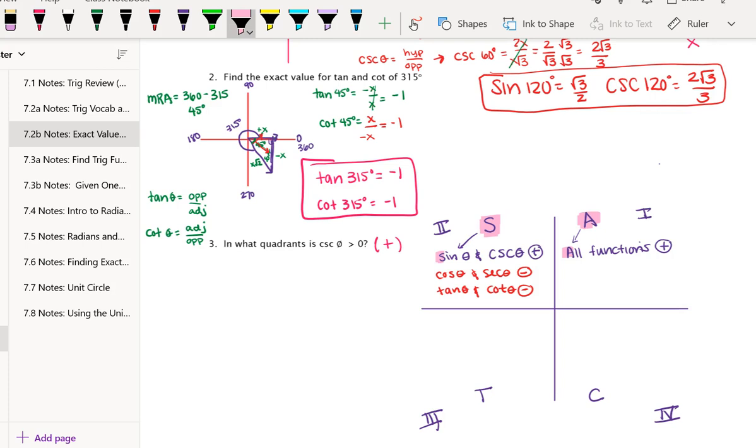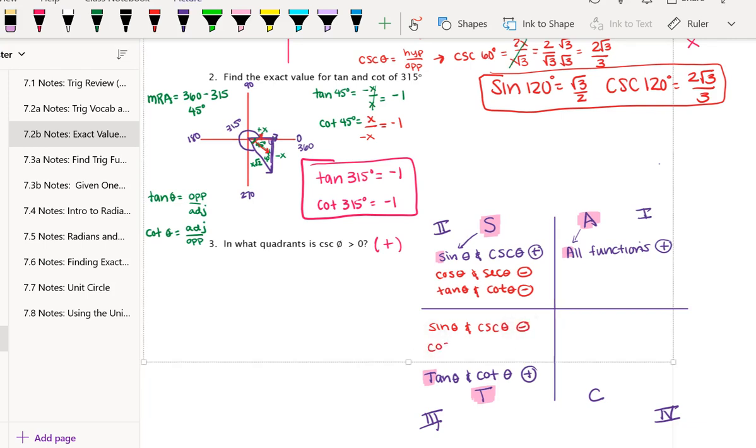Then quadrant 3 is a T. That means that tangent and cotangent are positive. So again, we have T for tangent and its inverse, which means that sine theta and cosecant, the two inverses, are negative, and cosine theta and secant are negative.